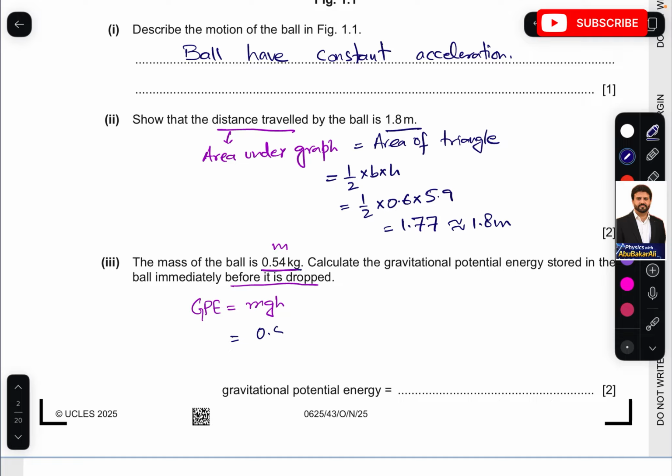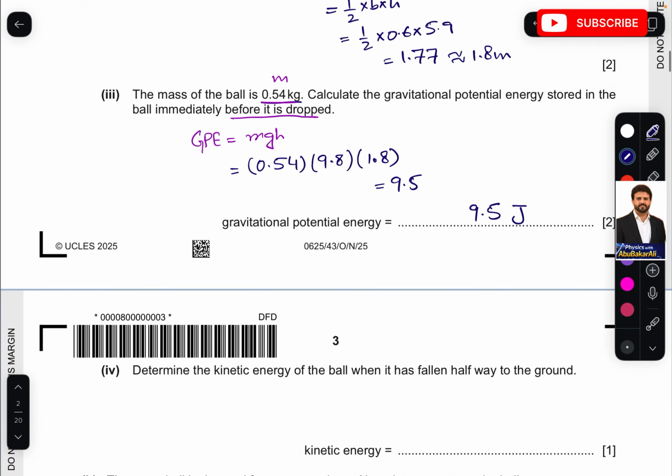Mass is given as 0.54, already in kg. And g is 9.8, that you have to keep in mind. And h is the value they have given me, 1.8. Doing the calculation, you will get 9.5. So your answer is 9.5, and don't forget to write down the units with it, otherwise you will lose 1 mark.